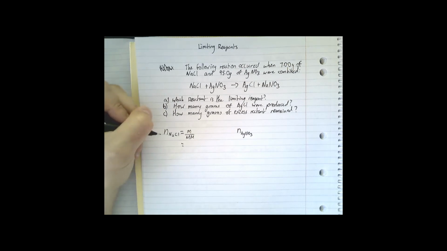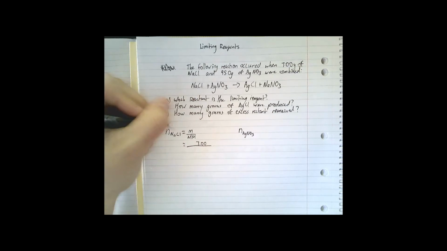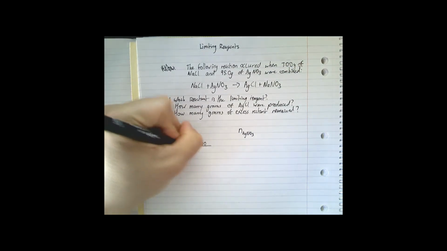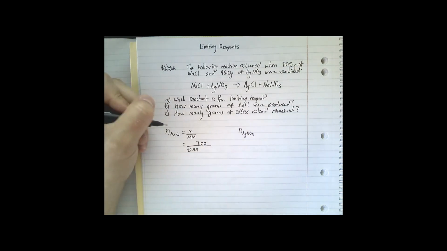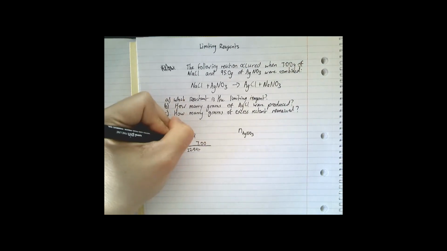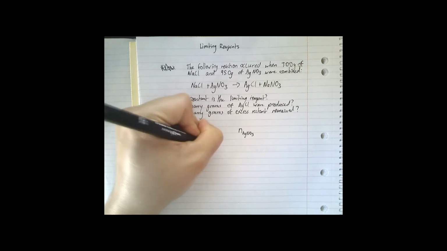The mass of sodium chloride at the beginning is 7.00 grams, and the molar mass is the mass of the sodium. I'm just pulling up my periodic table. The molar mass of the sodium, which is 22.99 grams per mole, plus the molar mass of the chlorine, which is 35.45 grams per mole.